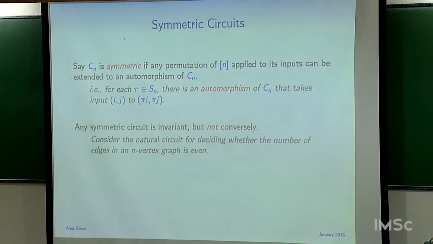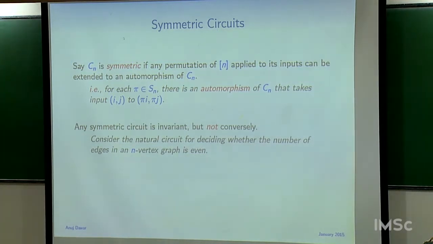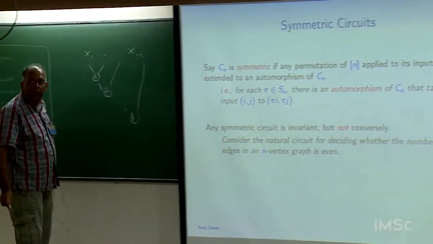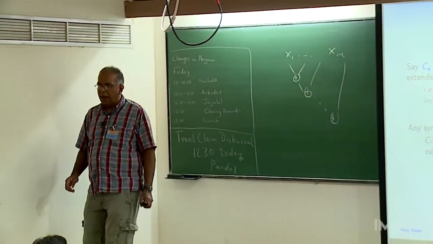Just take the natural polynomial size circuit for deciding parity. How would you do it? Okay, so I have n inputs. Take my circuit for parity.